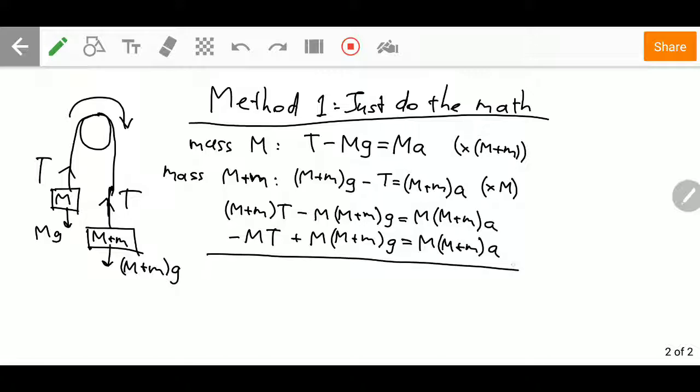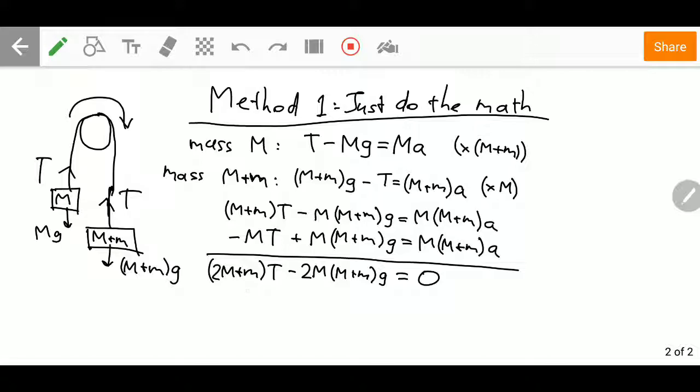Now we're going to subtract the second equation from the first equation. And so what are we going to get? Here, this negative M becomes a plus M, and so we're going to get (2M plus little m) times T. Here we're going to get minus 2M times (M plus m) times g. And here, of course, we're going to get 0.